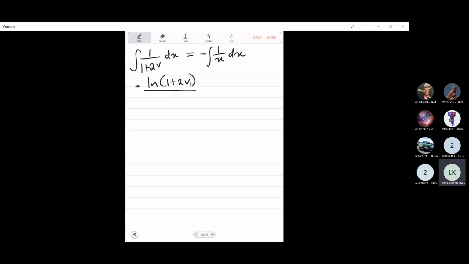So we divide by 2. And on the other side, this is minus ln of x plus c. Okay, so we can get rid of the denominator. I don't need so many equal signs. So I can rewrite this as ln of (1 plus 2v) plus 2 ln of x. This one, I just keep it as c.